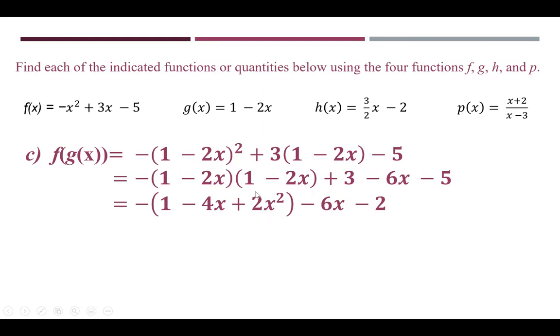I see that that is an error. So this final answer is not going to be quite right. But I distribute the negative sign, which of course changes all the signs in this parenthesis. Now remember, this 2x squared should say 4x squared. So when you're taking your notes, make the minus 2x squared a 4x squared.